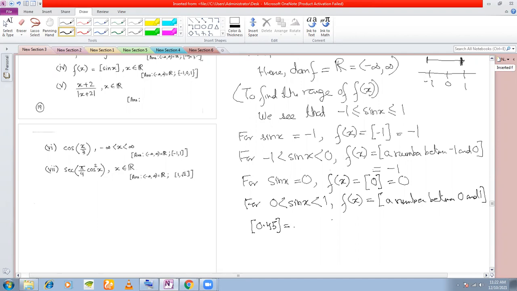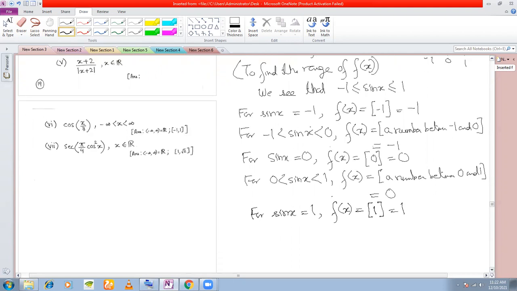It is 0, right? So this is equal to 0. Are you understanding the greatest integer function or not? Yes, sir. For sine x is equal to 1, f(x) is equal to the greatest integer of 1, which is equal to 1.